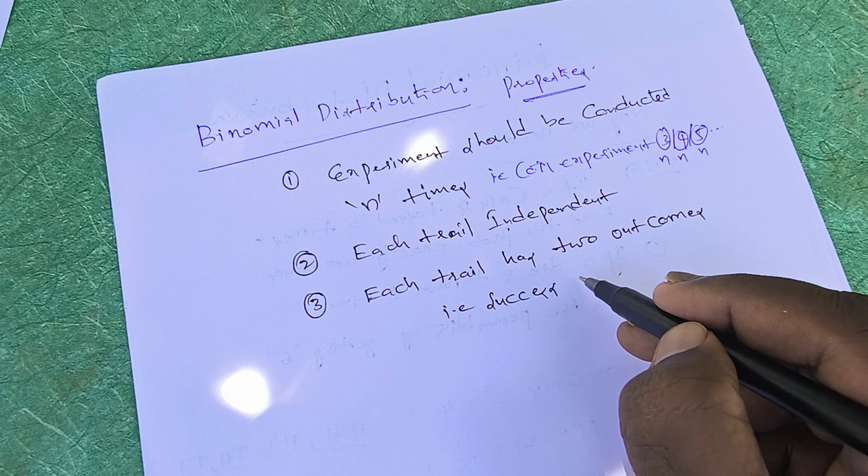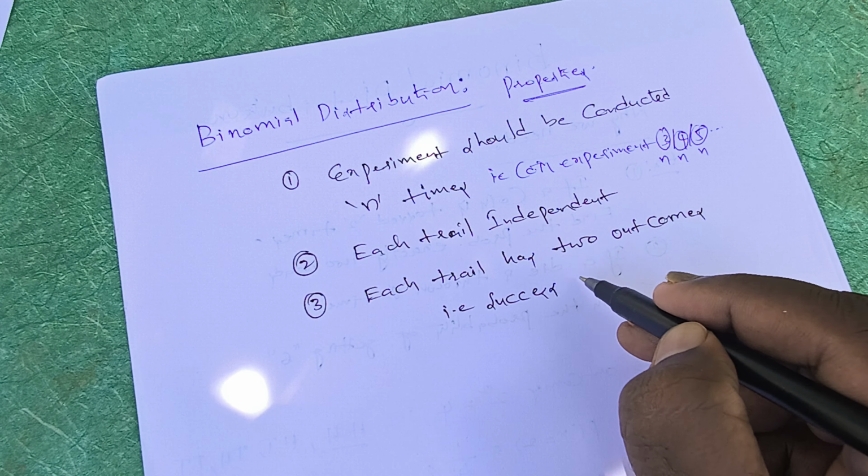Therefore, p plus q equals 1, that implies p equals 1 minus q, or q equals 1 minus p. The fifth point is the random variable x represents the number of successes in n trials.